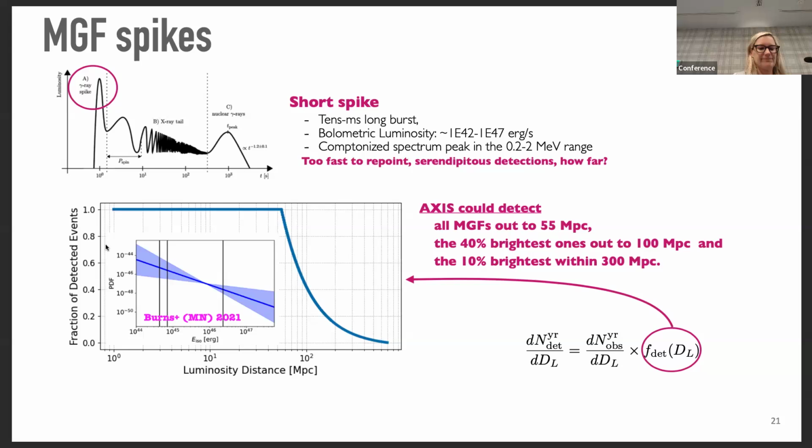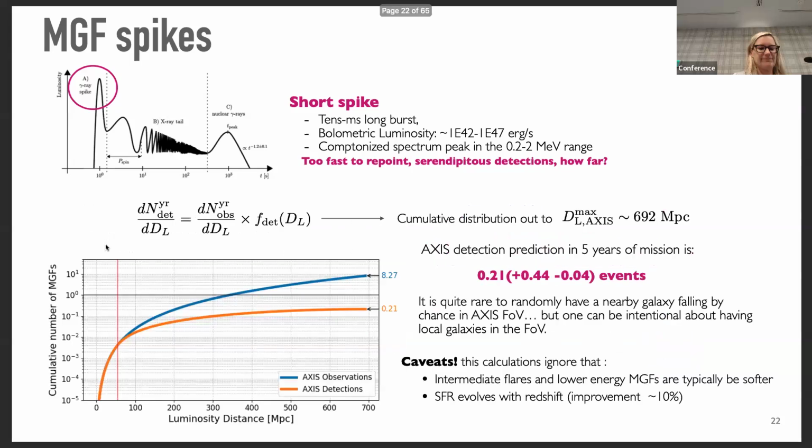By doing the calculation, you can then determine the cumulative number of events that you can detect in 5 years out to the distance. And unfortunately, the number of detections is not 1. So the field of view is too small. So despite the fact that we could have roughly 8 events in the field of view, we might not detect any of them.